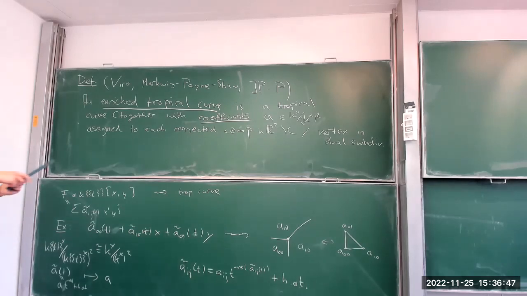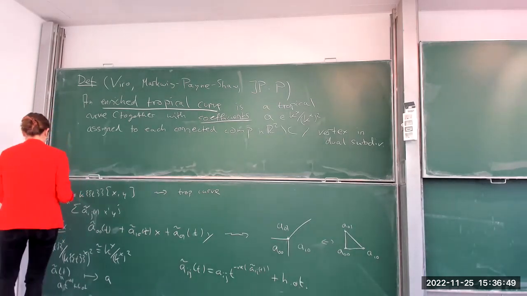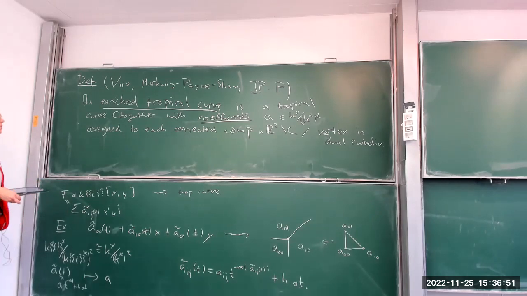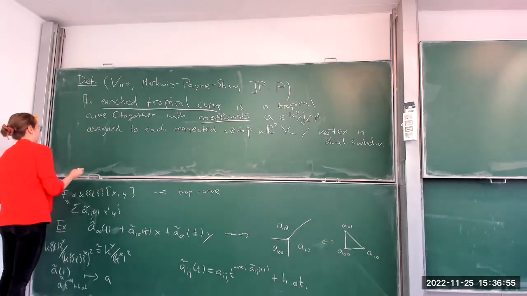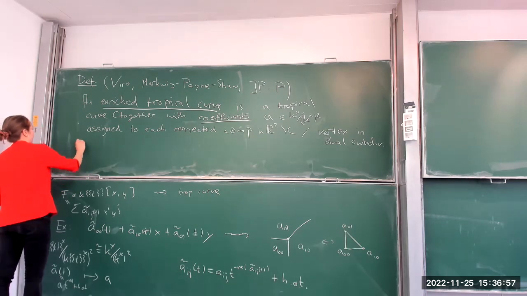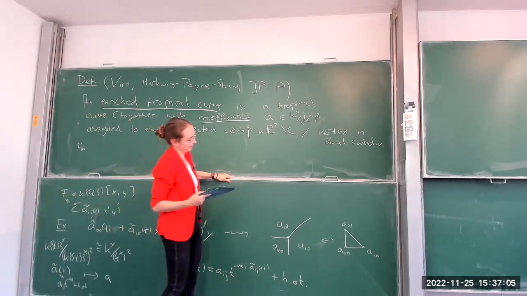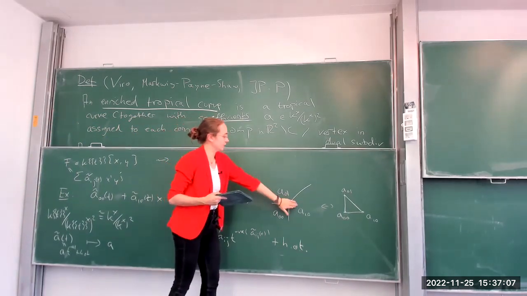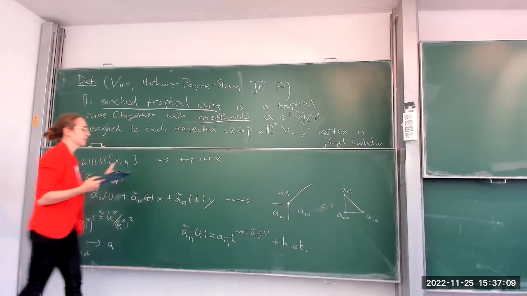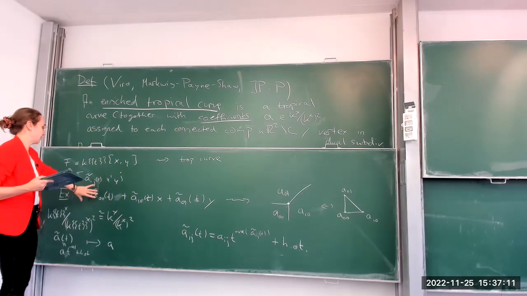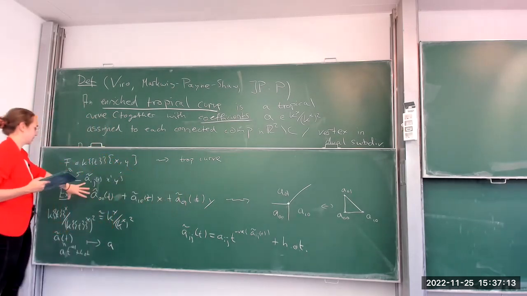Right. I also want to make another definition. If I have a tropical curve like this, with coefficients for each of these components, I can also get an equation like this back. I can recover this equation.